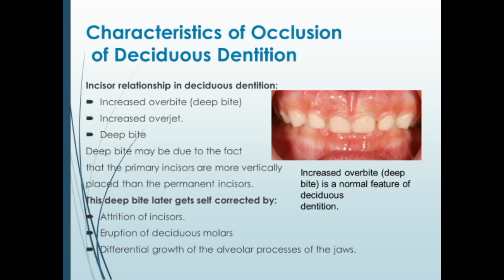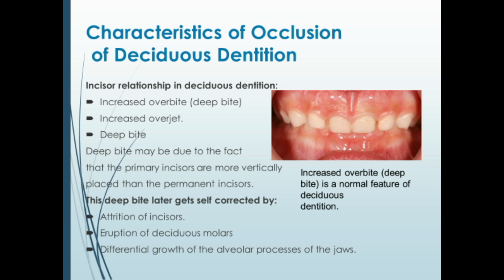Deep bite may be due to the fact that the primary incisors are more vertically placed than the permanent incisors. The ideal position of the deciduous incisors has been described as being more vertical than the permanent incisors, with a deeper incisal overbite.